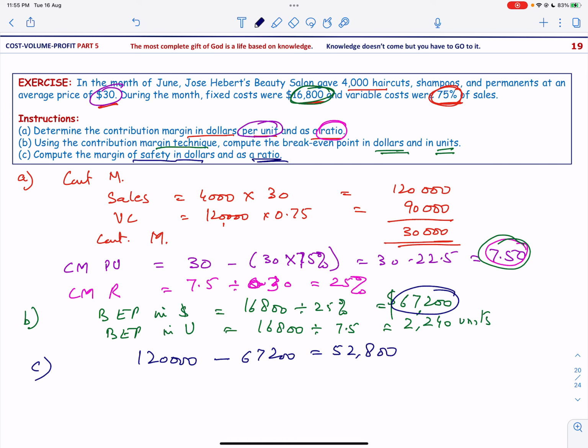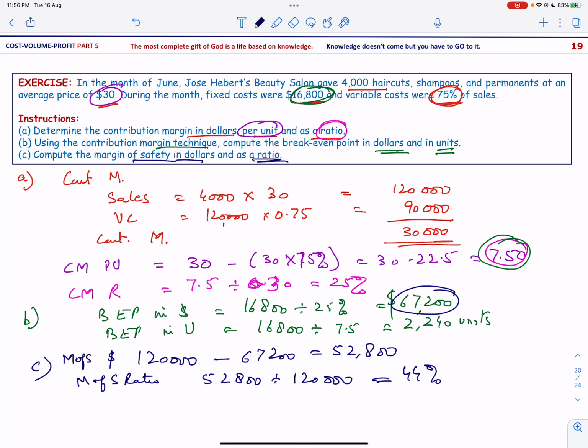So this is the margin of safety in dollars, and we have to calculate margin of safety ratio. So we have the margin of safety in dollars 52,800 divided by 120,000, the total sales. So this is equal to 44%.